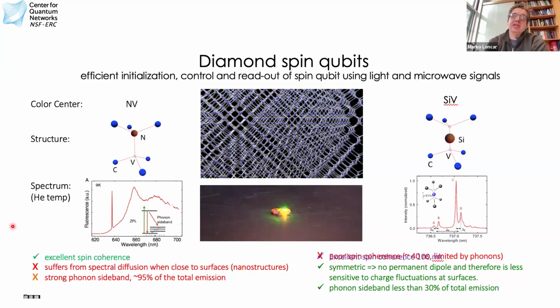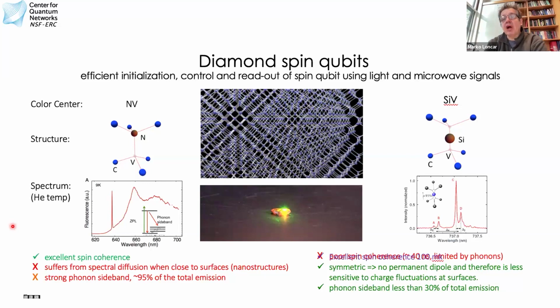The reason is that charge fluctuations on the surface, even if you make a perfect diamond waveguide, dangling bonds, charges on the surfaces are strong enough that they can result in so-called spectral diffusion. So the emission of this color center becomes very much not atom-like. It starts drifting all over the place.